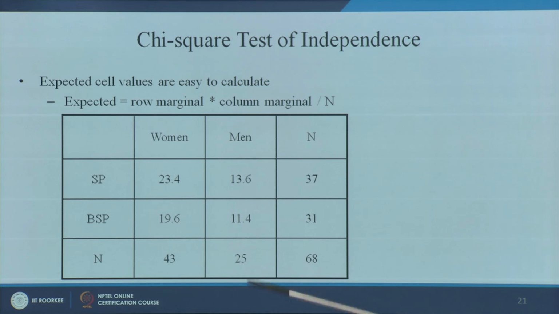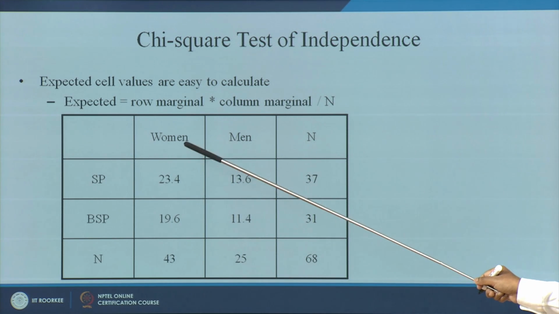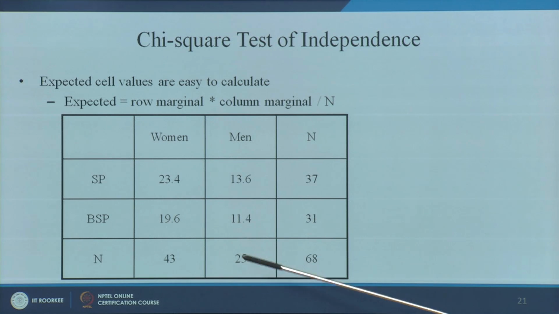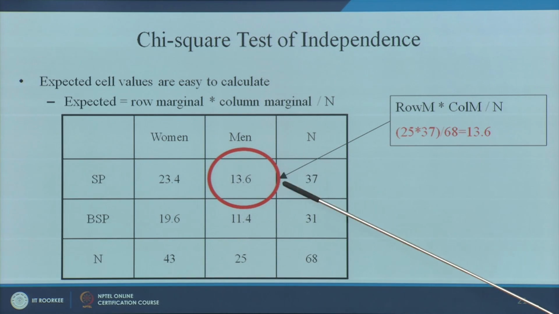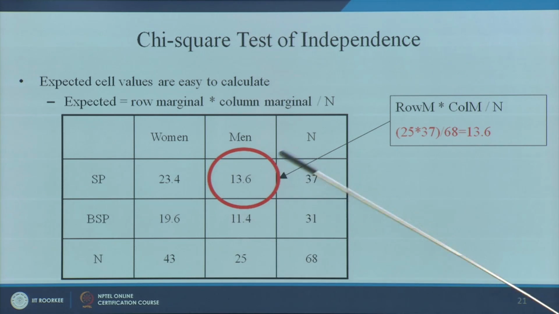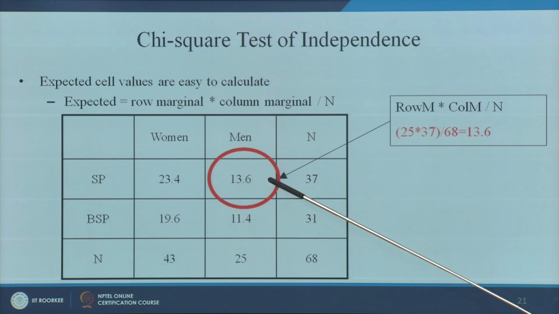Okay. So, let us now look at this case, right. So, we have got these values. Okay. Now, for example, this one, how is it done? Now, 37 into 25 divided by 68. Okay. So, this is 13.6. So, this value for the expected one comes to 13.6.